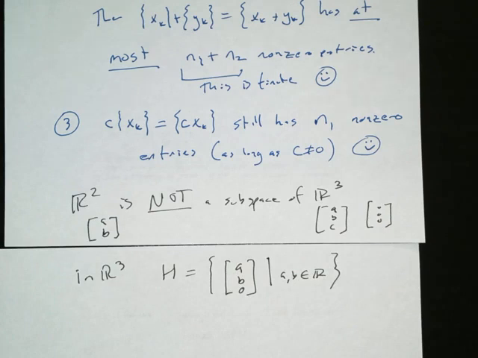If you take two things that are in this collection and you add them, the third number is still going to be 0, isn't it? If you multiply by some scalar, the third number is going to be 0. If a and b are both 0, then I get 0, 0, 0, and that's the 0 vector I wanted.